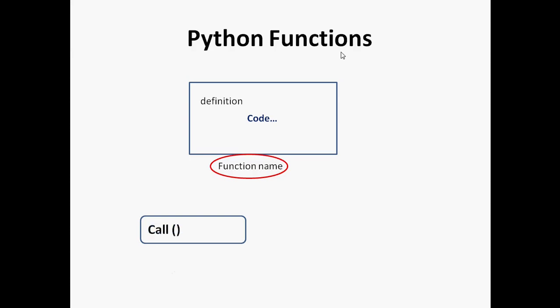To call this, you need the name of the function followed by the brackets. When this call is encountered, this calls the function name. On calling this function name in our program, this piece of code executes.